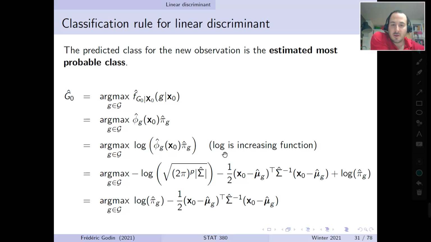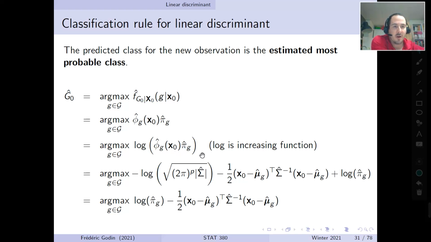So to go from here to here, we have to notice that the first three terms are the log PDF of the multivariate normal distribution. And the last term is the log of this quantity.